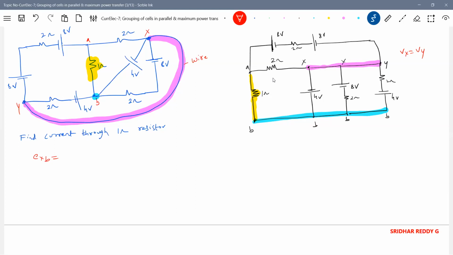We'll take X as negative, B as positive, so EBX we will find. EBX will be 4, summation of E by R. Here 0 we are having. What to do now? The resistance here is 0.